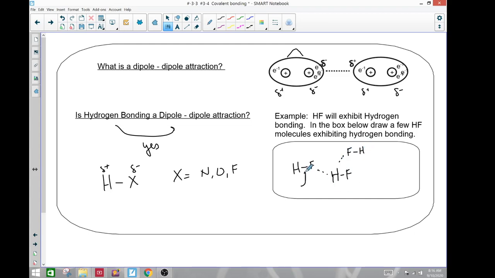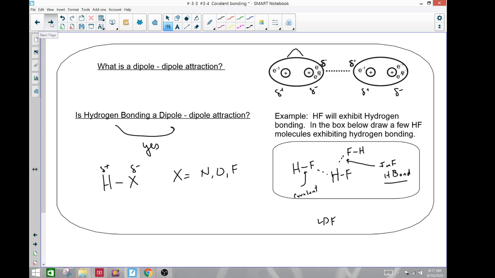This is a covalent bond, and this is the intermolecular force. Intermolecular force of hydrogen bonding. We don't typically abbreviate hydrogen bonding as HB on a test, so just write it out. London dispersion forces, yeah, they'll abbreviate that one, but not hydrogen bonding.